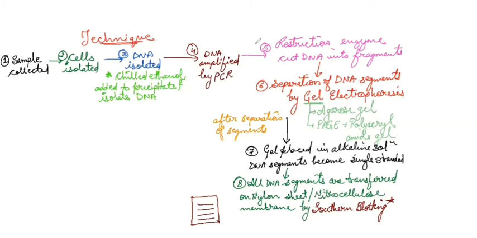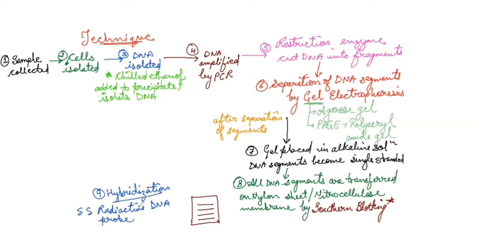The next step, number 9, is hybridization. And what happens during hybridization? The single-stranded radioactive DNA probe will be combined with the sample DNA, and hence the technique is known as hybridization.